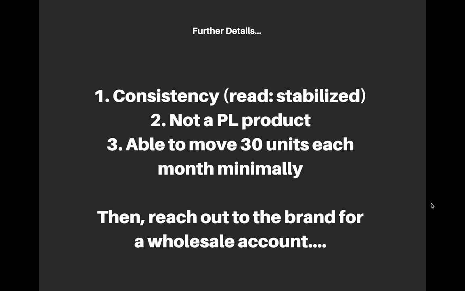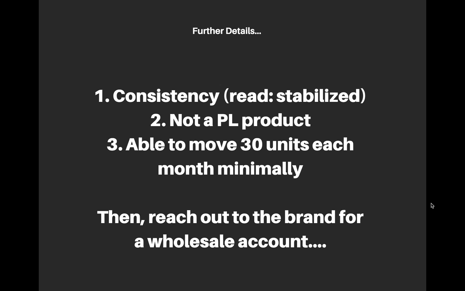And number 3, we want to be able to move at least 30 units each month. This is a wholesale business that we're trying to run. We're not doing online arbitrage or retail arbitrage where we get 5 to 10 units and we move through it and then we move on. No, we want products that we can move potentially hundreds, if not thousands of units each and every month.